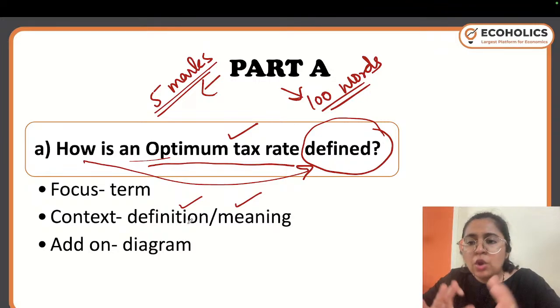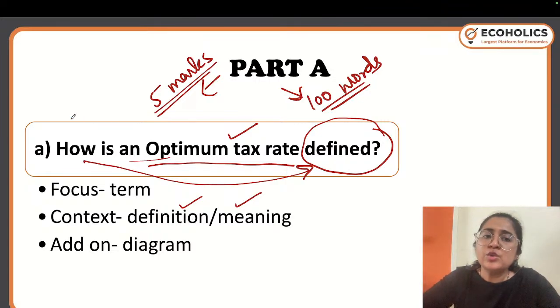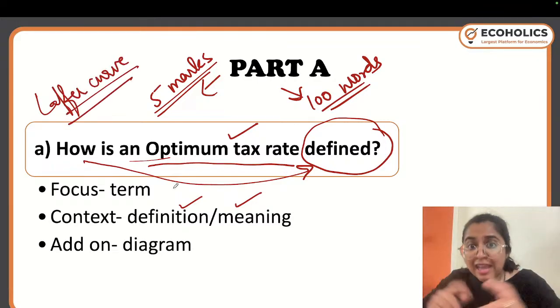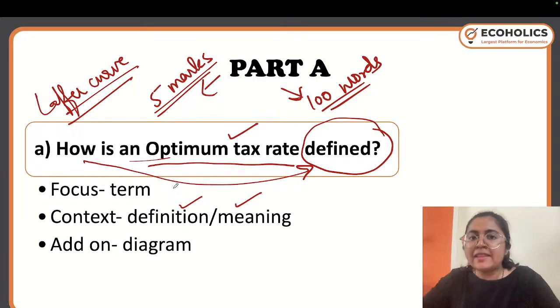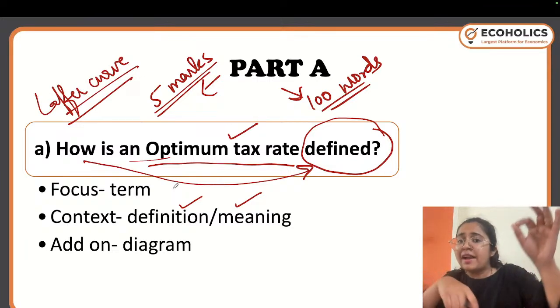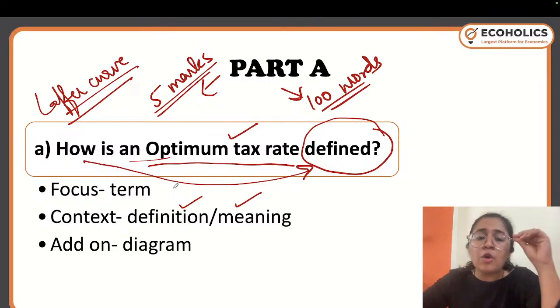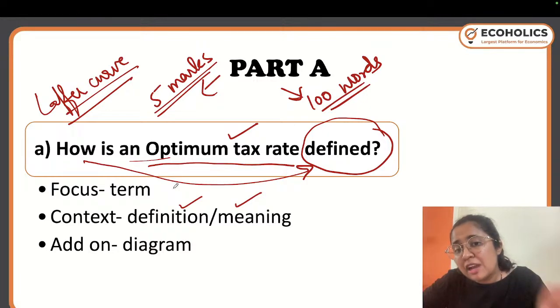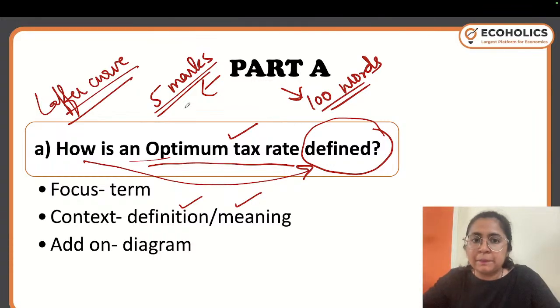Just give a specific meaning to this question. When we talk about optimum tax rate, we usually talk about it from the perspective of the Laffer curve, right? When we prepare that Laffer curve, the inverted U-shaped curve, we identify that point which can become an optimum tax rate. So an optimum tax rate is that type of tax rate which is neither too much of an expense for the people.